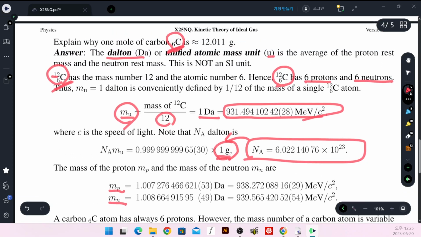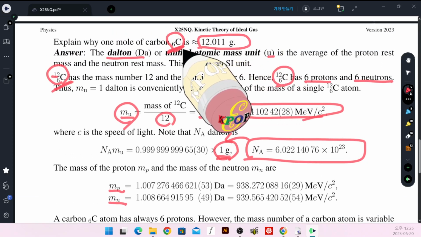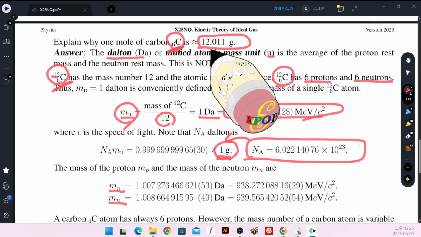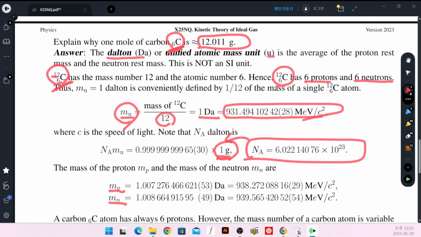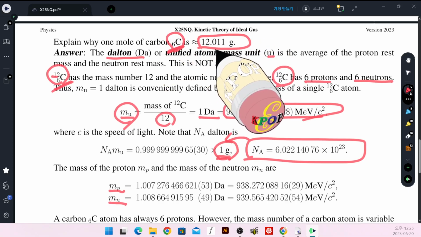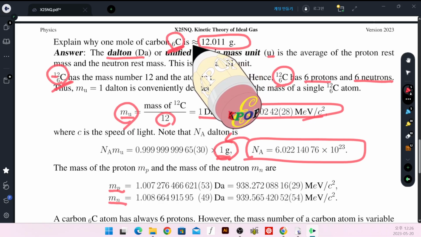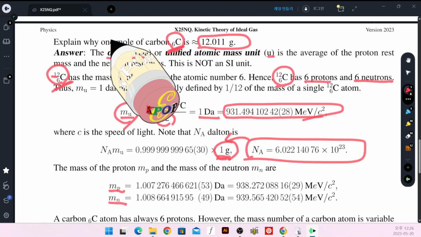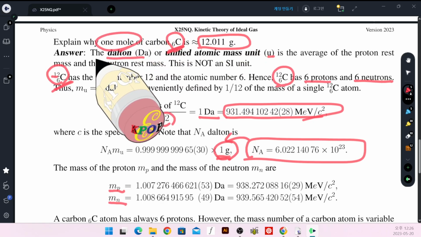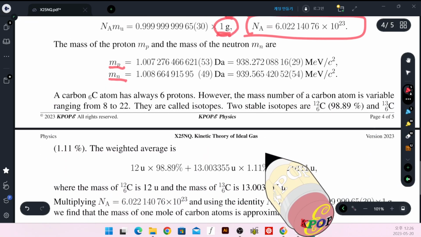By the way, in nature, one mole of carbon does not have a mass number of 12.011, something like that, because the numbers of protons and neutrons are integers. The reason we have such a number when we have a sample of a very large number of atoms is that they have some population distribution.